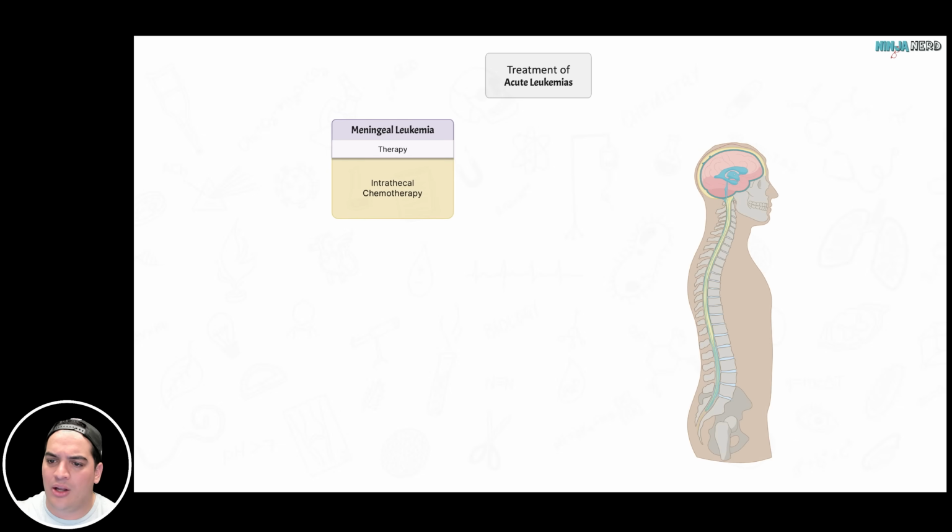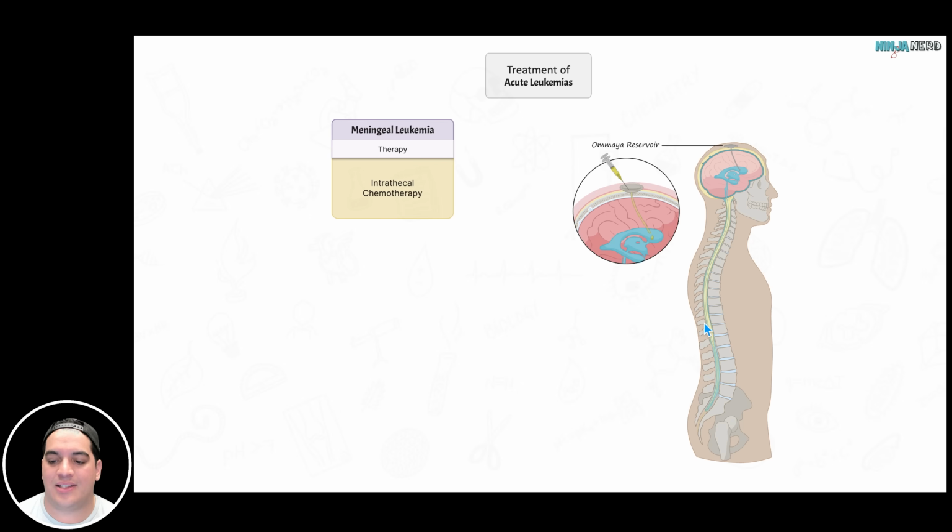Intrathecal chemotherapy with methotrexate is really the standard therapy as prophylaxis in patients with the diagnosis of ALL. We can access their cerebrospinal fluid, which can have contact with the meninges as it flows across it, via an Ommaya reservoir. So we inject the medication right into their cerebrospinal fluid, right into a ventricle.